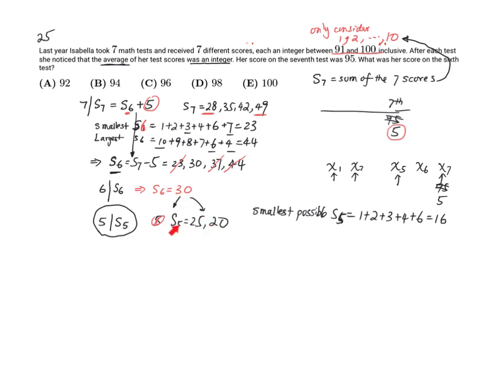So the smallest possible S5 is 16, and you cannot go lower. The next number divisible by 5 is 15, but it's lower than 16. At the same time, there's no score from 1 to 10 that you can subtract from 30 to get down to 15. There's no such number.